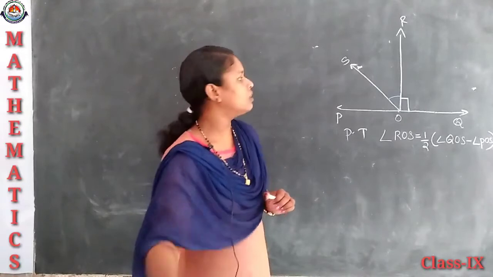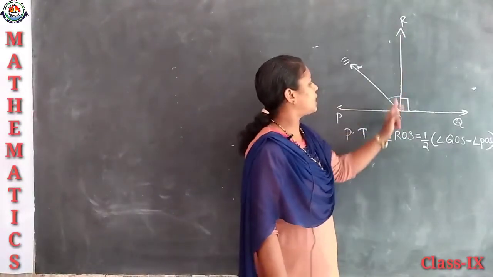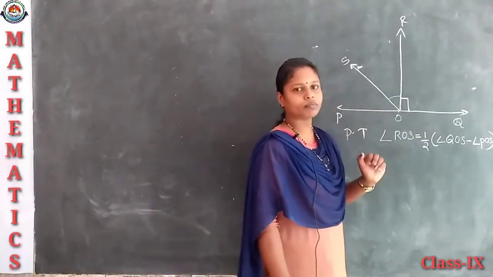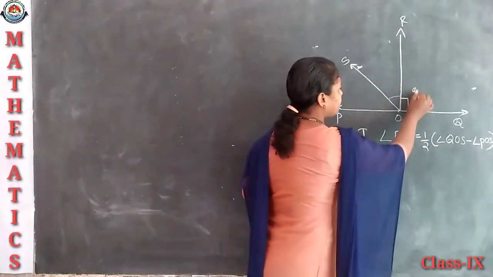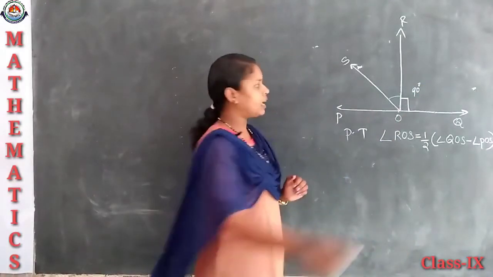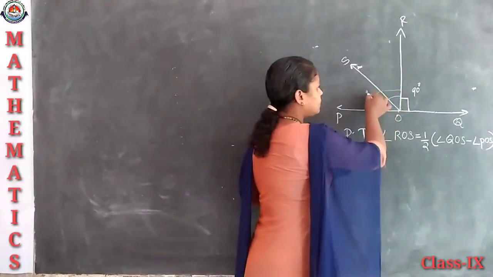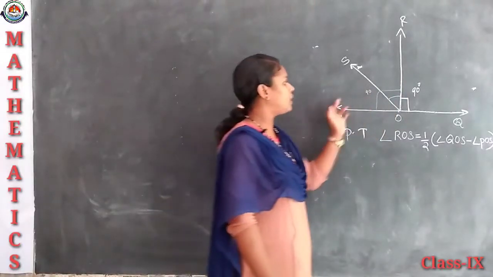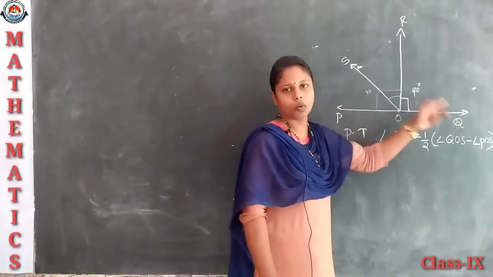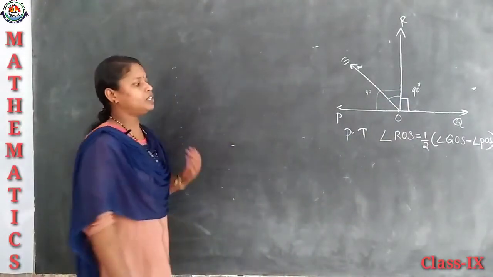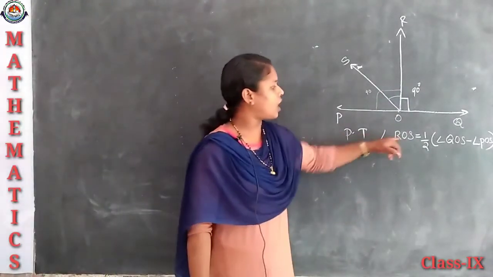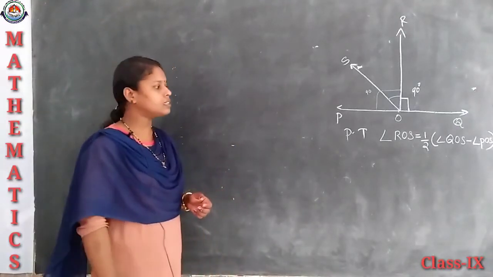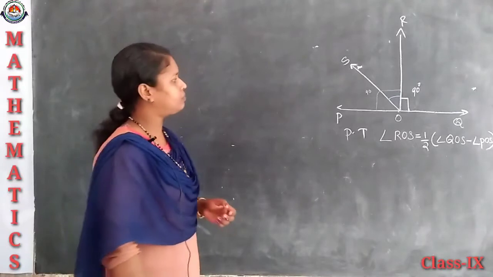Here OR is a ray perpendicular to line POQ, which means this angle will be 90 degree, and this angle also 90 degree, because OR is perpendicular to line PQ or POQ.